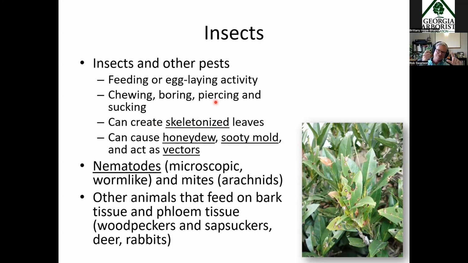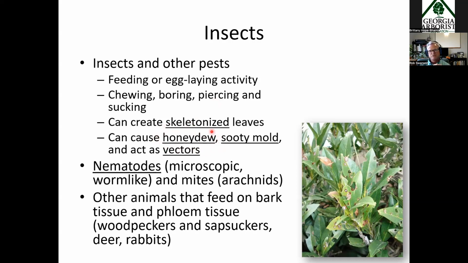As it passes through, most of it is not digested, most of it's not used for energy, so it's excreting it out the back end, and it might constantly be dripping from the tree, and you have this sticky mess underneath the tree, all those sugars excreted by the insect. That is what we call honeydew.